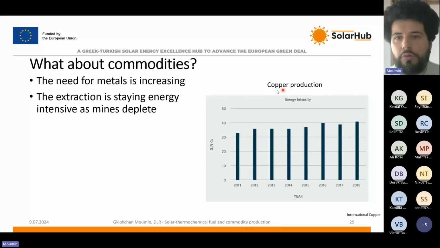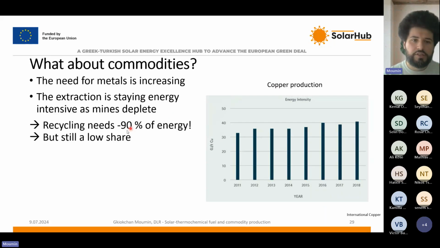This is very typical for copper production, and the energy demand is actually increasing if you look closely. They have to treat more and more ores with lower grade quality to receive the same amount of copper, for example. And we all know what will happen if electrification goes on and becomes more widely implemented in the industry: the need for copper will increase even more.